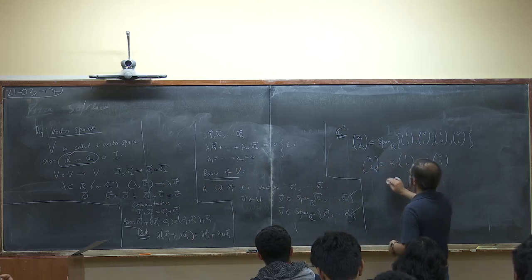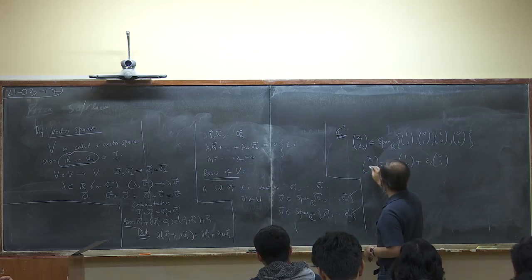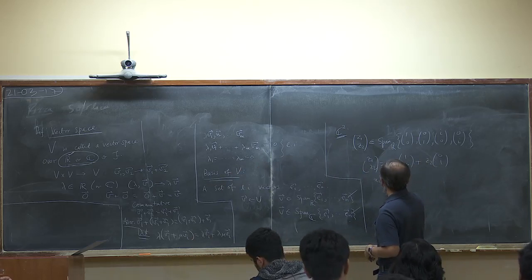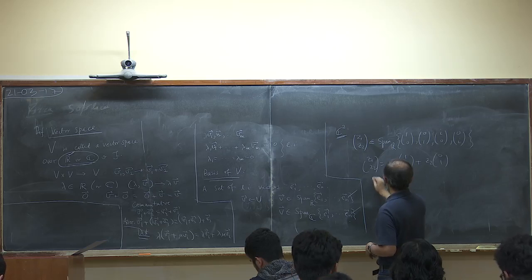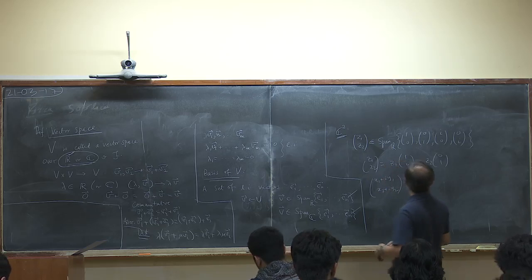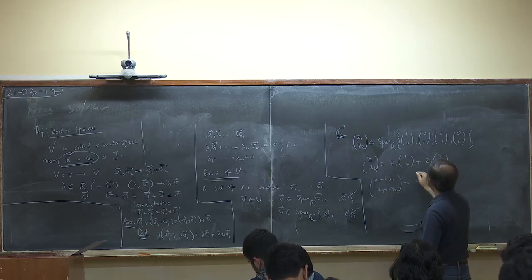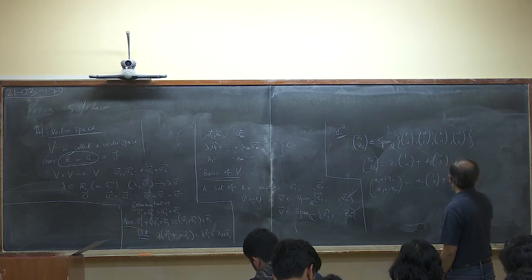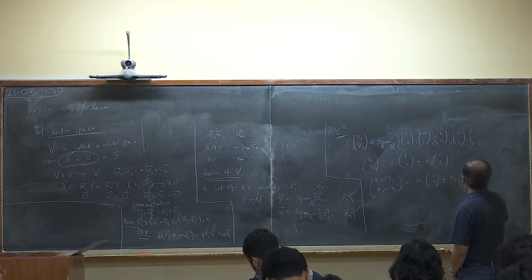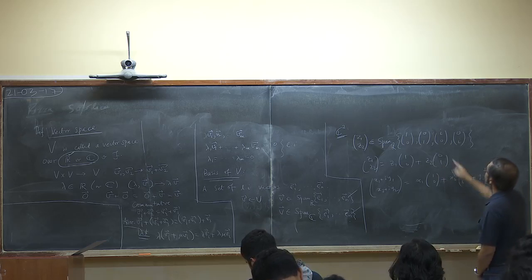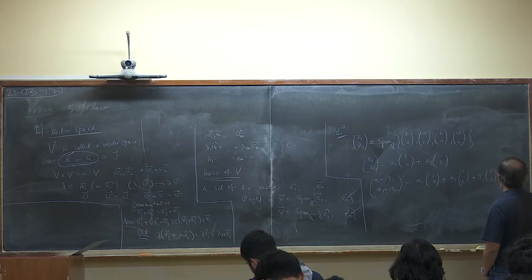With this, z1 is equal to x1 plus iy1, z2 is x2 plus iy2. So what is this? x1 times (1, 0) plus x2 times (0, 1) plus y1 times (i, 0) plus y2 times (0, i). But it's counted differently.